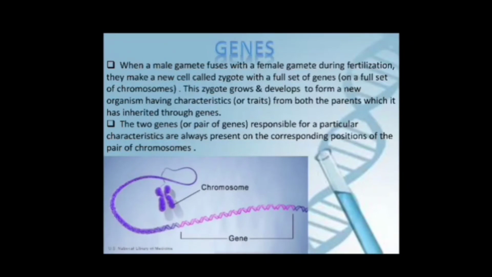Now this zygote grows and develops to form a new organism having characteristics or traits from both the parents which it has inherited through genes. The two genes responsible for a particular characteristic are always present on the corresponding positions of the pair of chromosomes, which are also known as the homologous chromosomes or the sister chromatids.